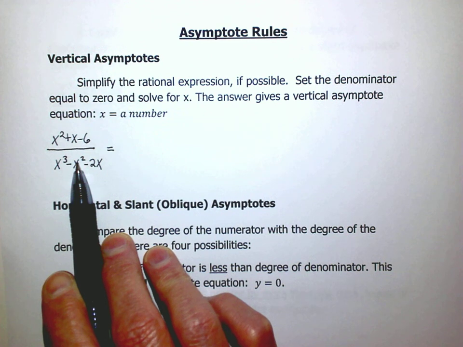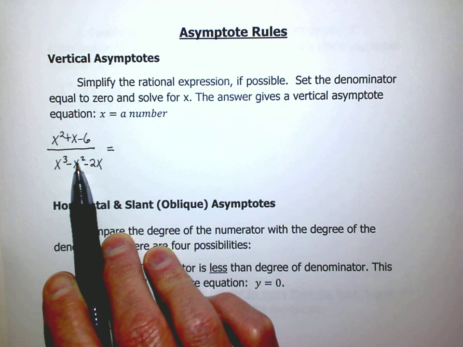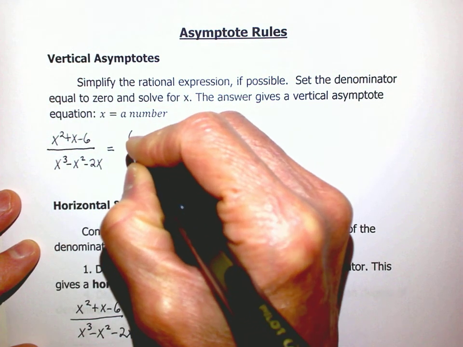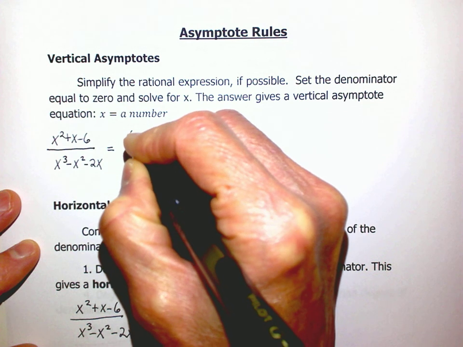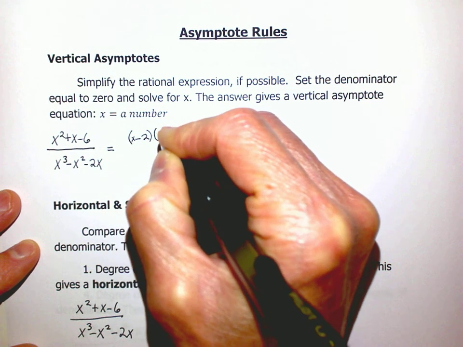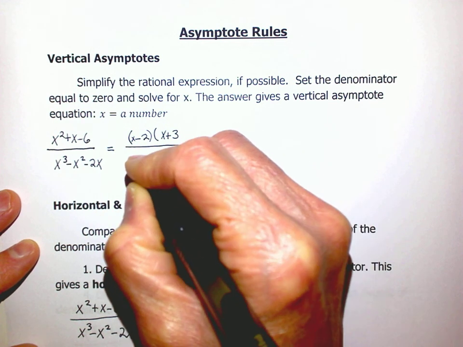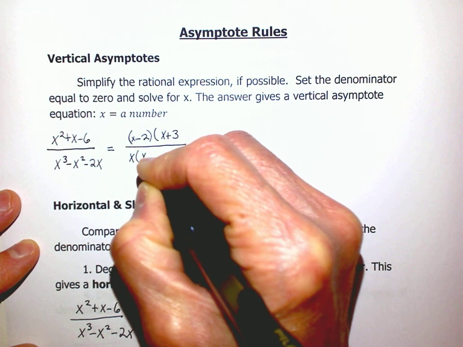I'm assuming that you already know how to factor, so I'm not going to go into the details of factoring, but this numerator factors like this, and the denominator factors like this.